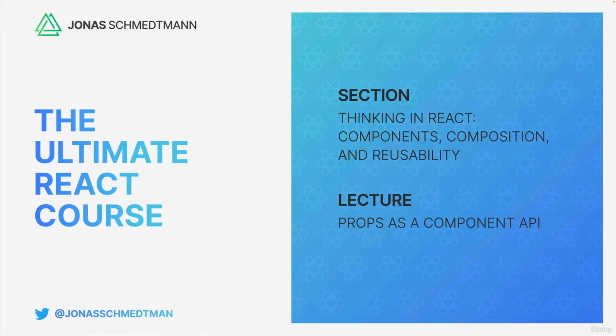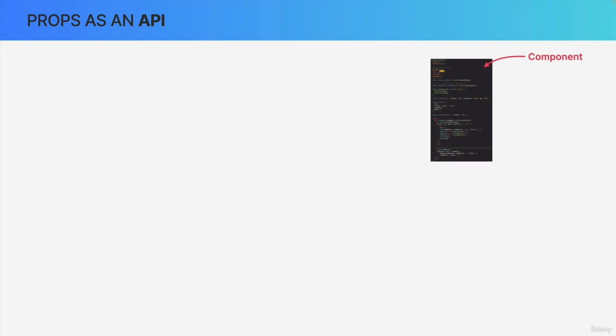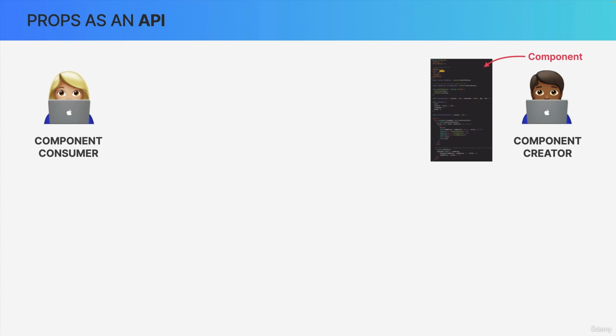When we build a reusable component like the one we are currently building, we should carefully think about what props the component needs. So let's now shortly look at how to think about props. So first of all, as we start working on our components, we should get into the mindset that any component is always created by someone and always consumed by someone.